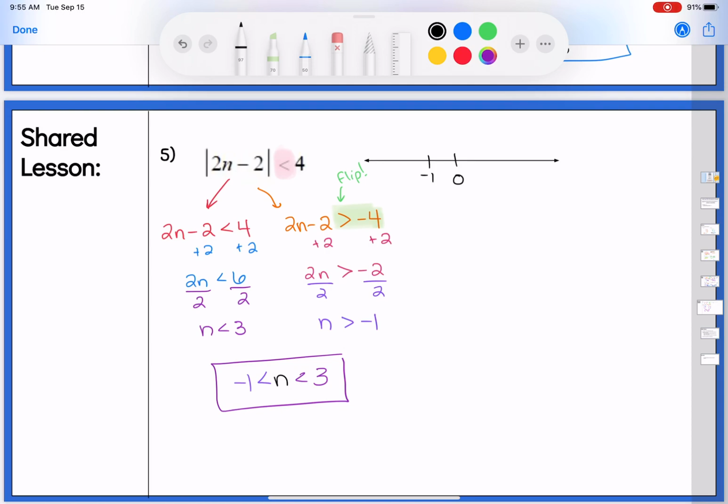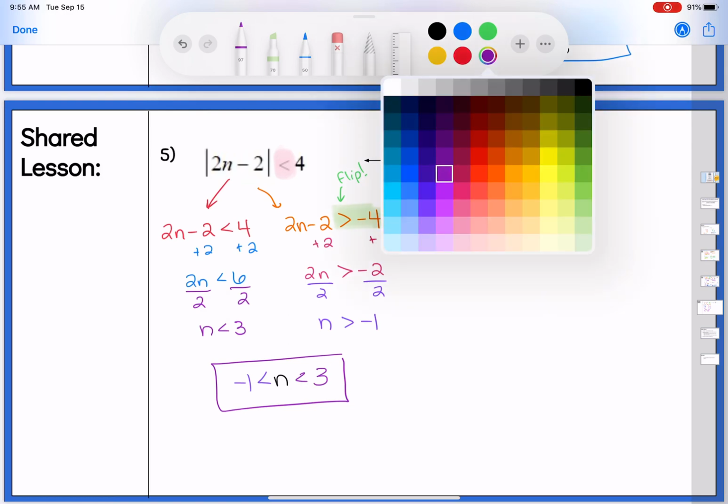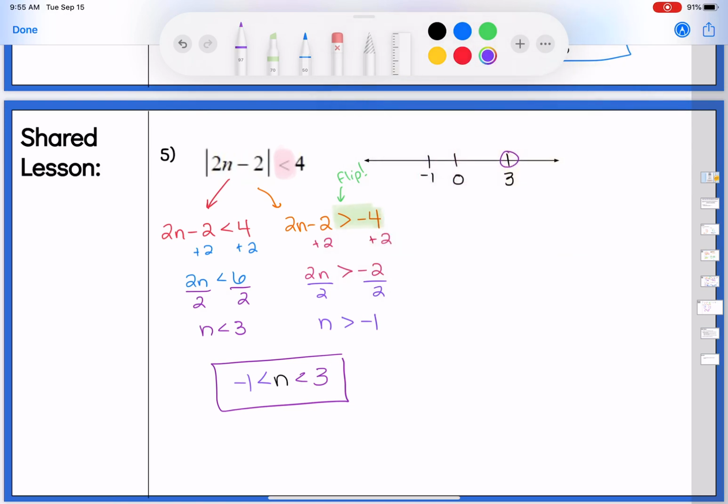But here's negative 1 next to the 0. Here's the positive 3. I'm going to have an open circle on the positive 3. I'm going to have an open circle on the negative 1. And I need to be shading in between because this is where that distance is going to be less than 4, right? So it's an and inequality. And there is the graph that goes along with that solution.